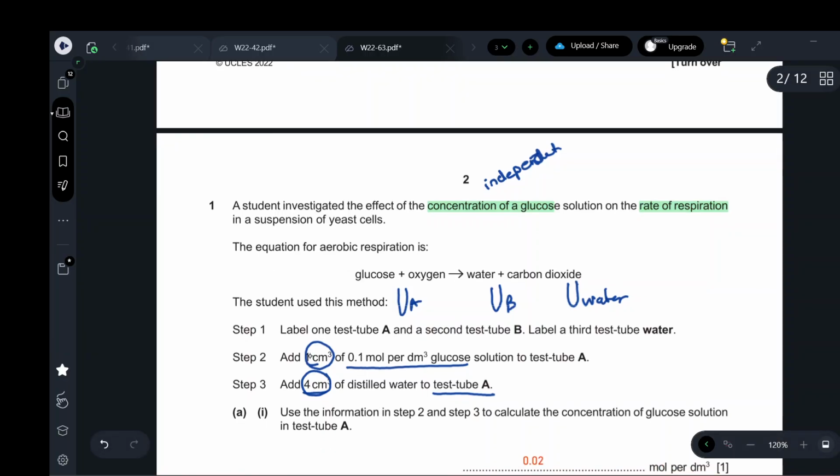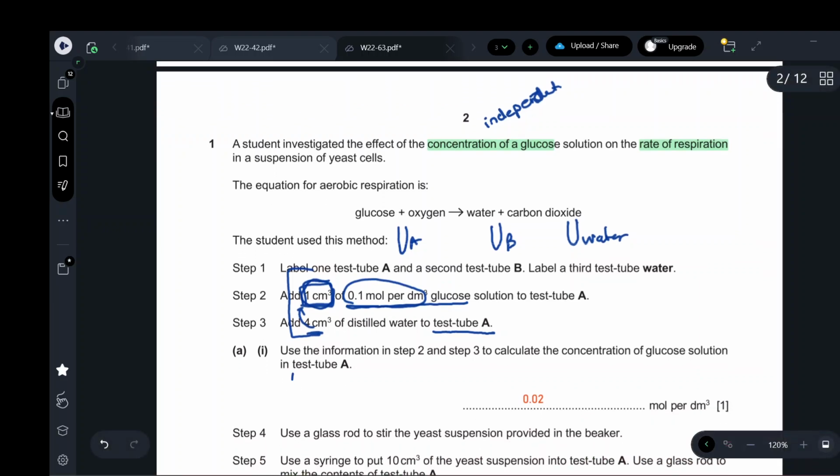He said that he used 1 cubic centimeter from 0.1 mole, and he added 4 water, so he diluted it. I am going to put the volume of sugar solution used over the total volume. How much sugar did you use? 1 over 5. Of which concentration?